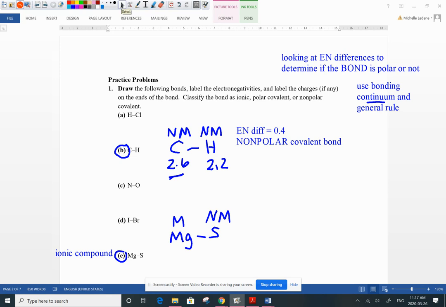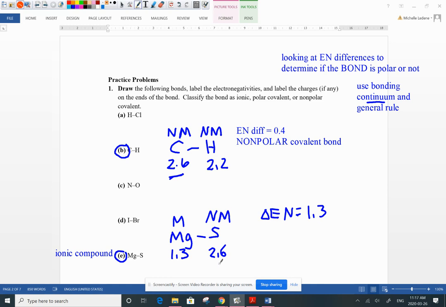It sure could if there's a really high electronegativity difference. But when you look at the electronegativity values of these two, here's our metal, magnesium is 1.3 and the sulfur atom is 2.6. So what's the change in electronegativity? Well, 2.6 minus 1.3 is 1.3.